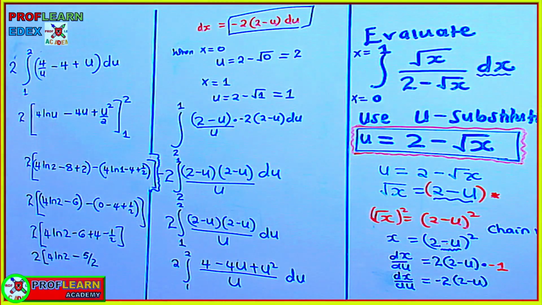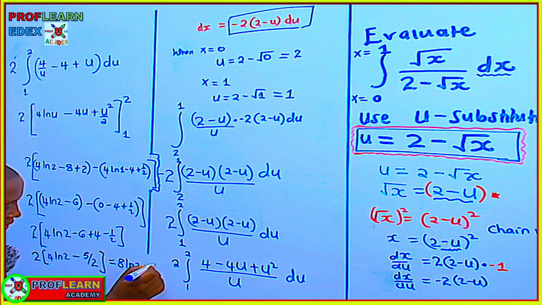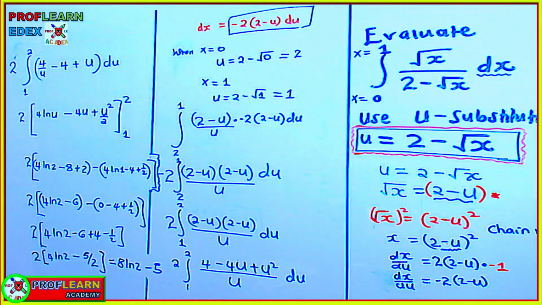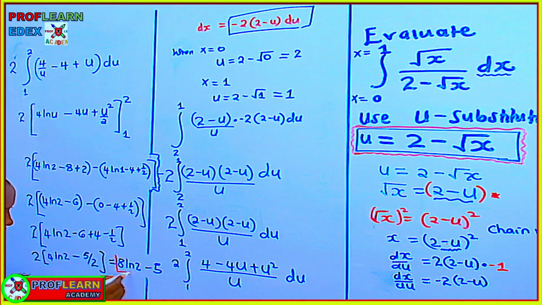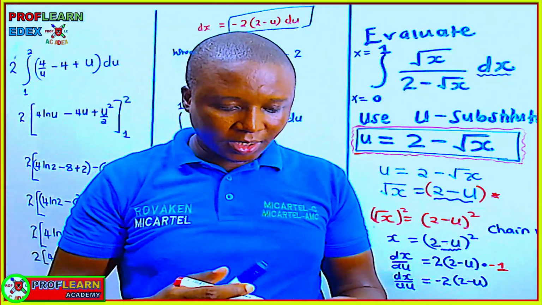Because it will be minus 2.5, isn't it? Yes. So if we simplify this, I'm going to reduce this to 8 ln of 2 minus 5 as our final answer. So basically this is the final answer we are going to get after performing this particular integration.